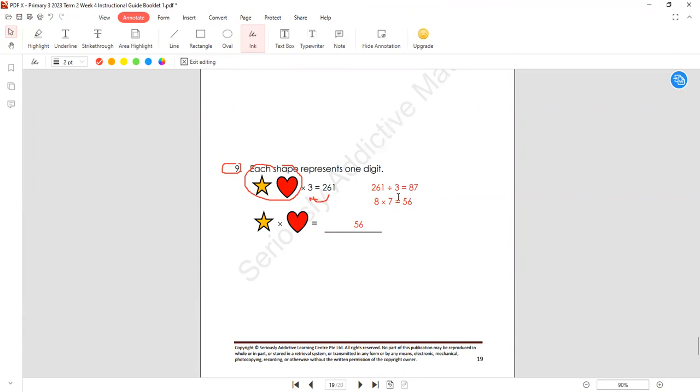We can do multiplication to help them. Sorry, I beg your pardon, this is not multiplication. It's actually 326. Can write the steps up. Divide by 3, and you'll get the answer as 87.